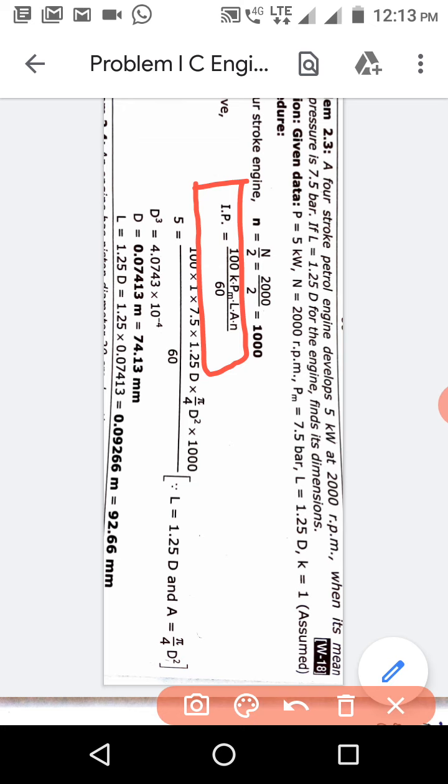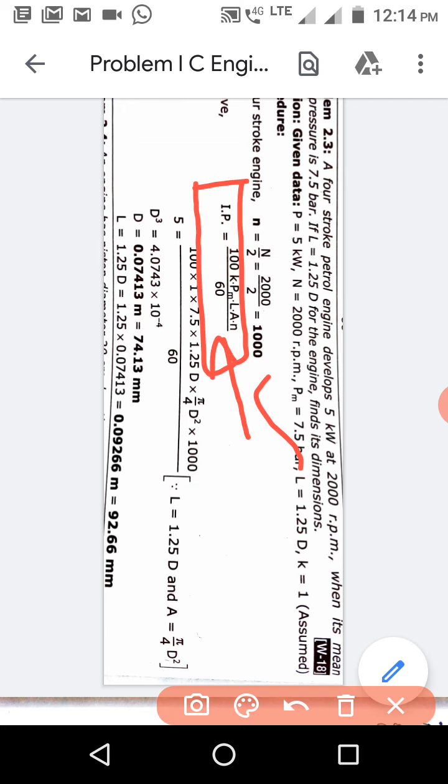In this formula most of the things are given. The number of working strokes is given, because the speed of the engine is given, and we can calculate it as N by 2, and we got that equal to 1000. Length of stroke is given in terms of piston diameter. Area we can calculate in terms of piston diameter.